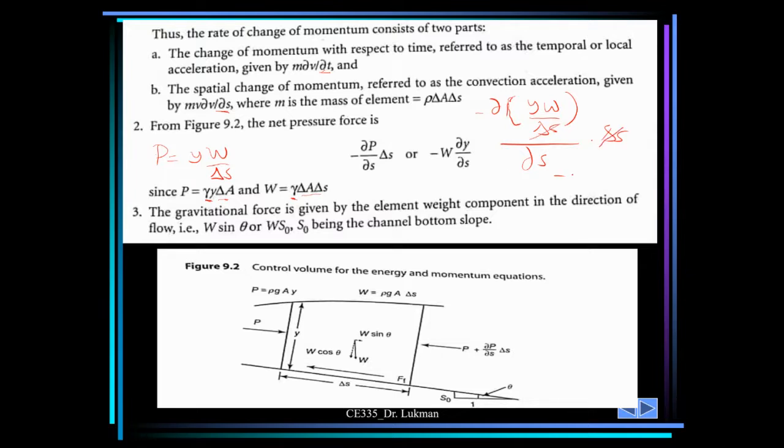So we will have minus W del y del s, which is exactly what we have here. Now the gravitational force is given by the element weight component in the direction of flow, which is W sin theta or W S naught, S naught being the channel slope. The angle of inclination is theta, so the channel slope is S naught.